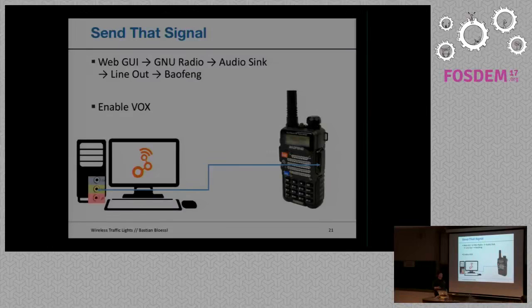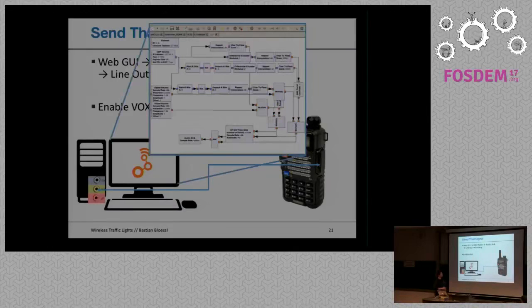So, okay, I did another GUI, but this time obviously I wanted to trigger it. Then I again had a GNU Radio flow graph where I was generating the signal that I just showed you. And this time it was just really plain GNU Radio blocks, so there's nothing that I had to code. Basically, I have two signal sources which produce the 1200 hertz signal and the 1800 hertz signal.